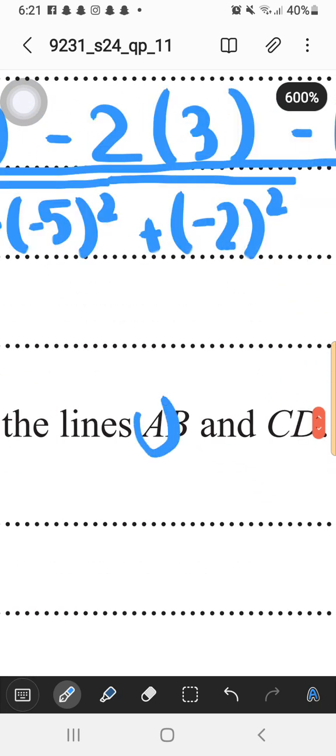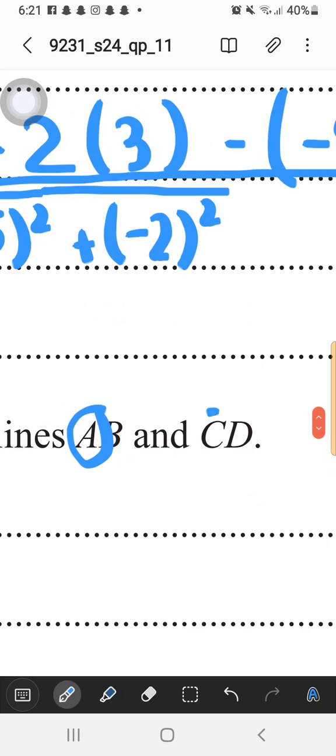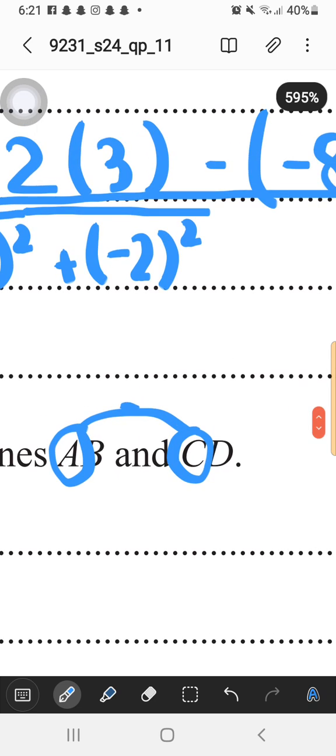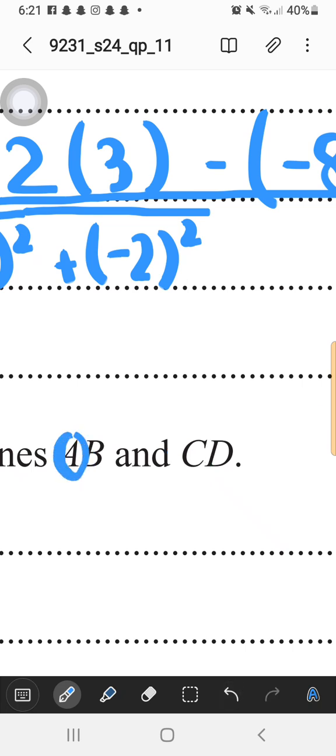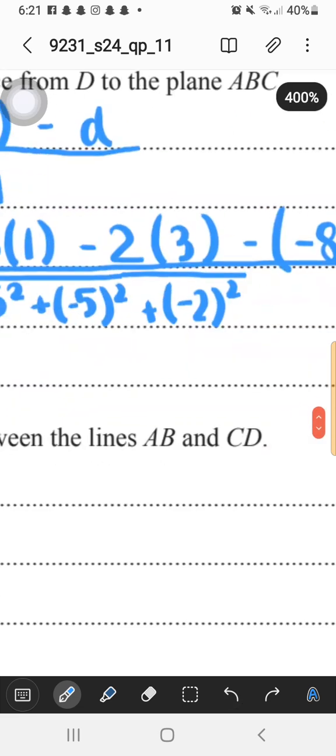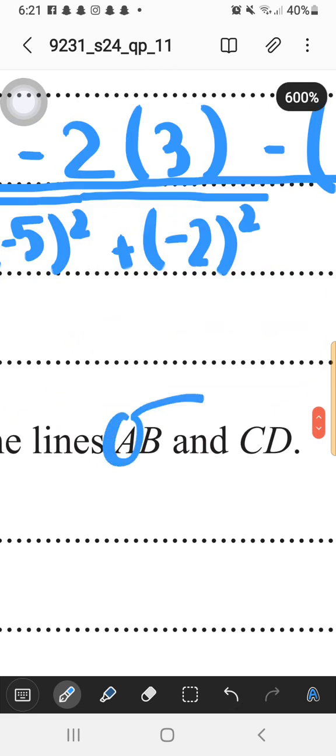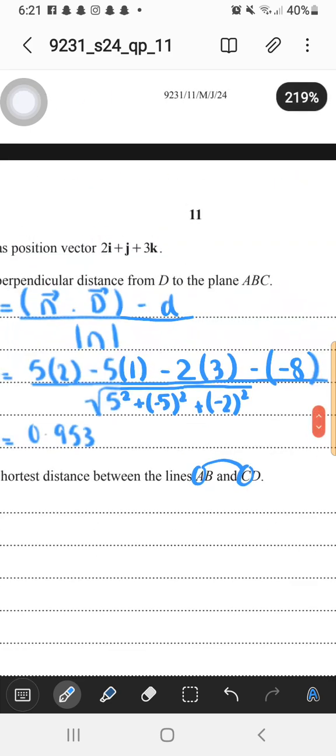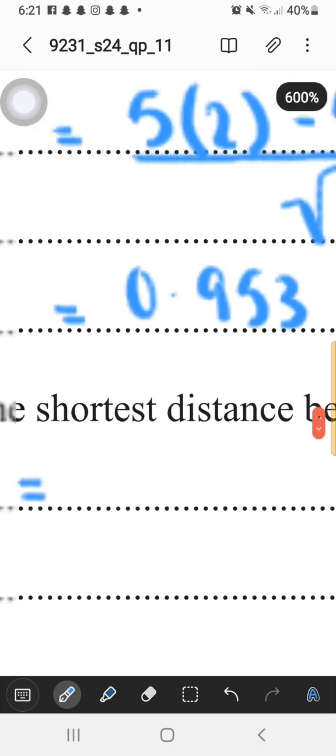Any component of this multiplied by any component of this, like the AC vector. We can go with the AD vector, we can go with the BC vector, we can go with the BD vector. But now I am going with the AC vector.